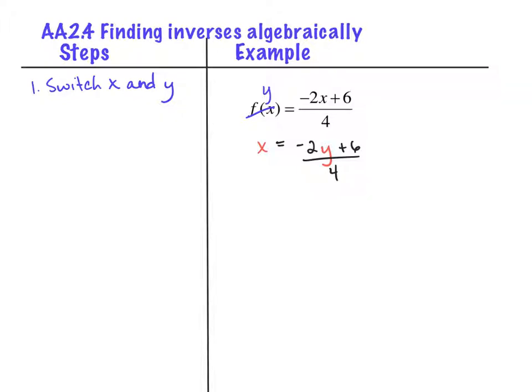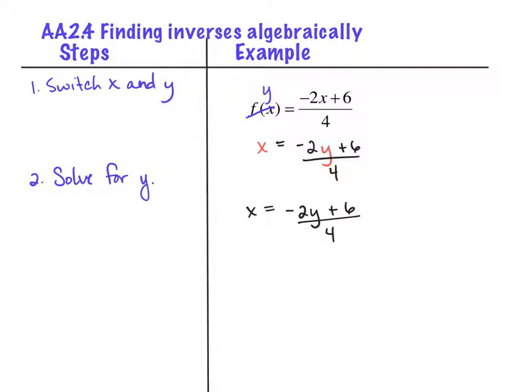My next step is to solve for y. I'm going to do some rewriting steps as I go forward. I've got x equals -2y plus 6 over 4. Remember what I told you on the last slide, that -2y plus 6 is in a little group.